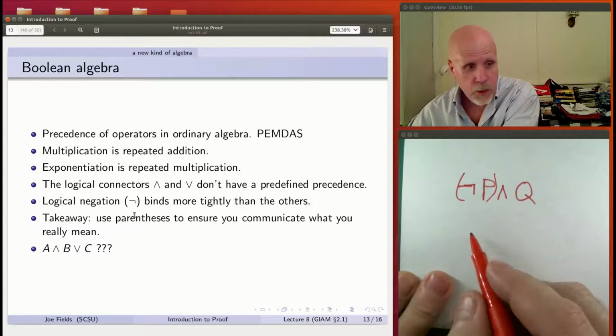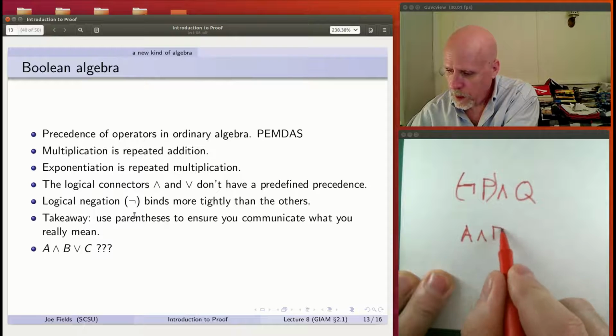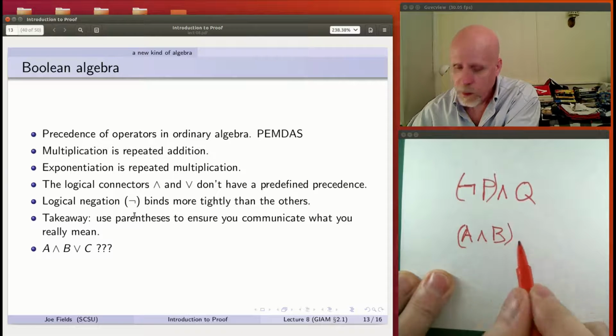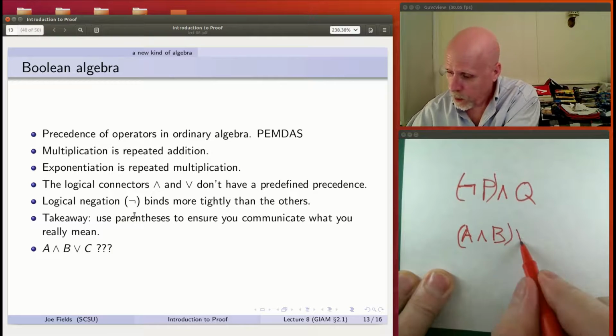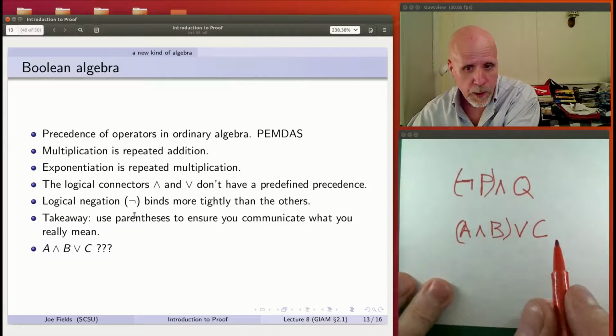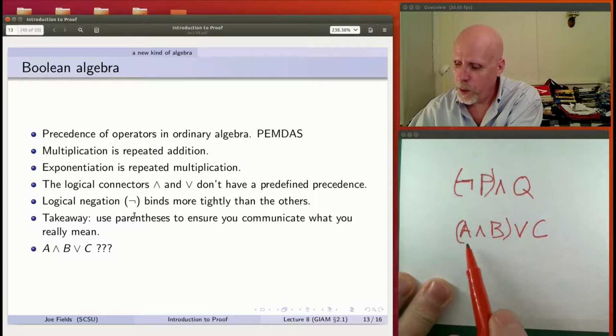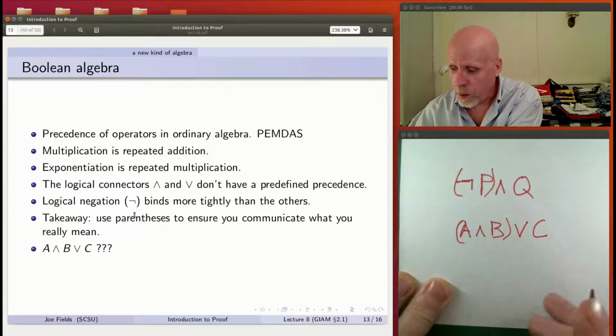It's actually got two different possibilities. A and B, ANDed together, and then ORed with C. That's one way you could interpret this. I guess if you thought about reading left to right as a standard way to group, then you would probably mean this one. I've never used that convention in Boolean algebra.